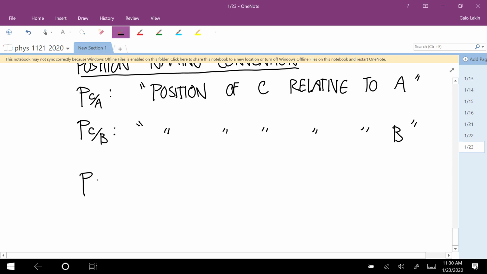The position of C relative to A is equal to the position of C relative to B plus the position of B relative to A. So the position of B relative to A is saying, for the person who's observing this motion with their zero at A, what would they say the position of B is?